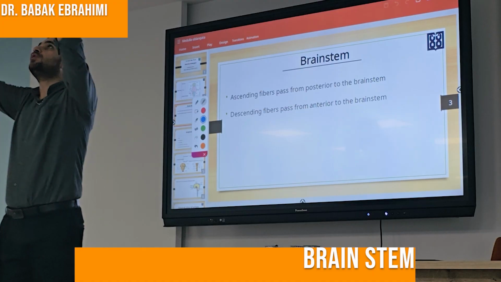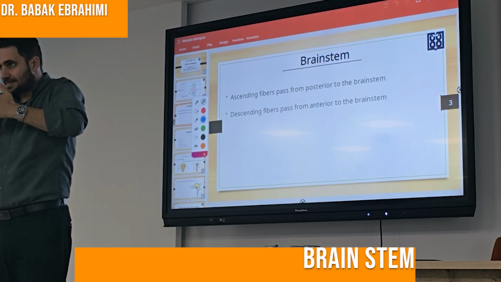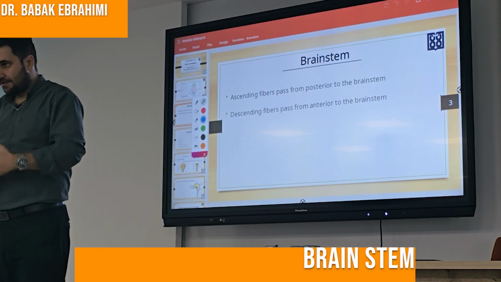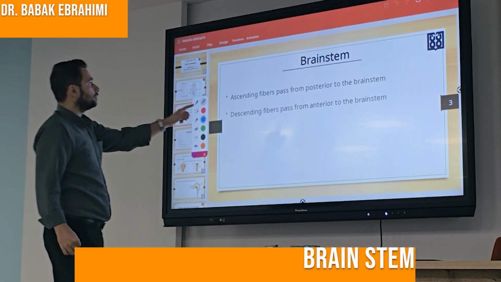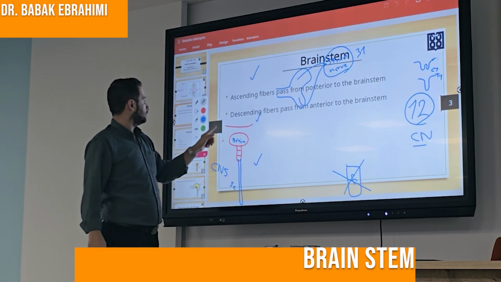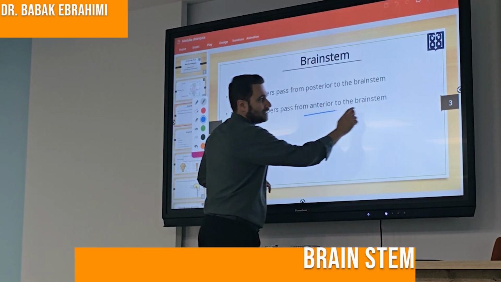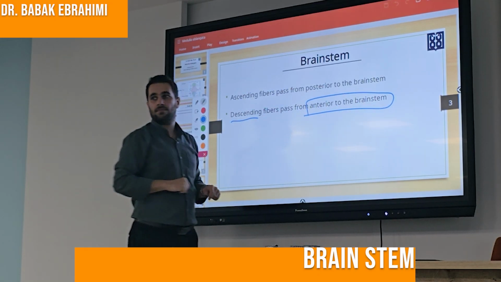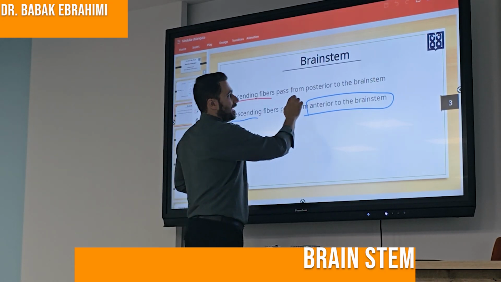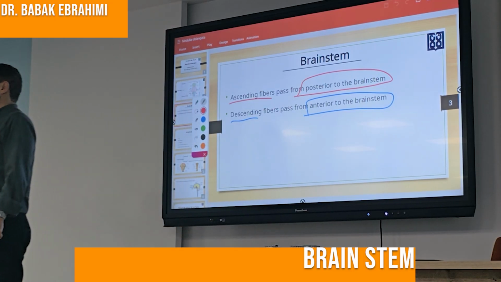Anterior horn. So the cerebral cortex sends the motor commands and it passes from anterior of the brainstem. The motor from anterior. The descending fibers pass from anterior to brainstem. And the ascending fibers pass from posterior to brainstem. Same as the spinal cord.